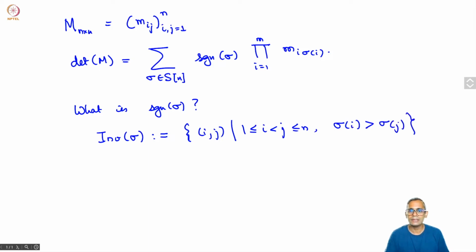So i is less than j, but sigma(i) is greater than sigma(j). It's an inversion. And sign sigma is defined to be minus 1 raised to the number of inversions of sigma.